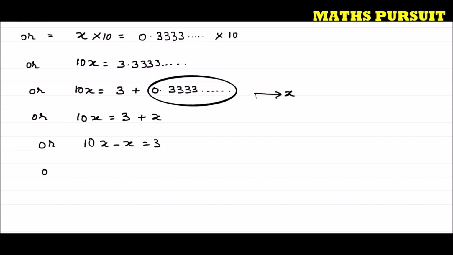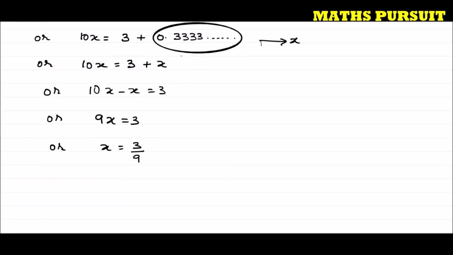Or I can write 9x is equal to 3, or x is equal to 3 upon 9. Or I can write x is equal to 1 upon 3. 3 ones are 3, 3 threes are 9.